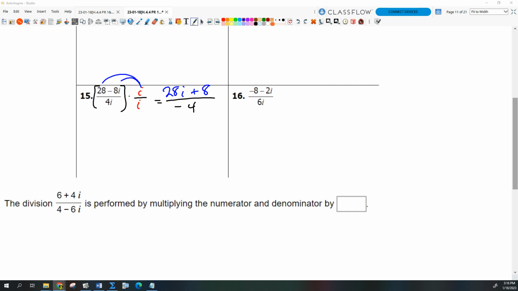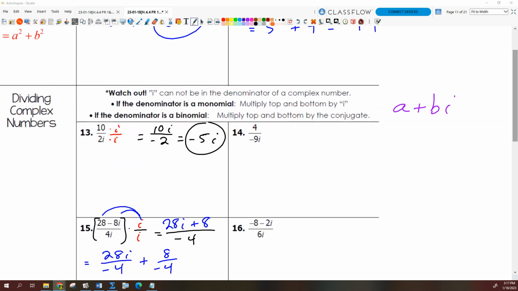So if I split this up, then I'm going to end up with 28i over -4 plus 8 over -4. If I split that denominator up, everybody get that? So 8 over -4 is -2, and we want to write that first. The real part always comes first.